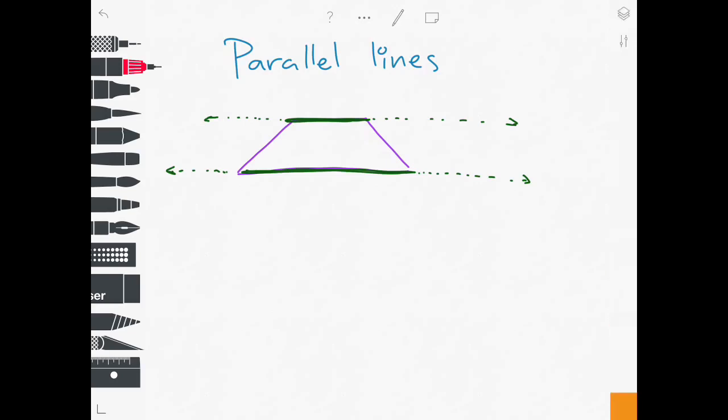Let's look at the other two lines. This line and this line. If we were to extend them this way, would they touch? No, because it gets wider, right? But if we went this way, oh, they touch right there. So the orange is not parallel, but the green is.